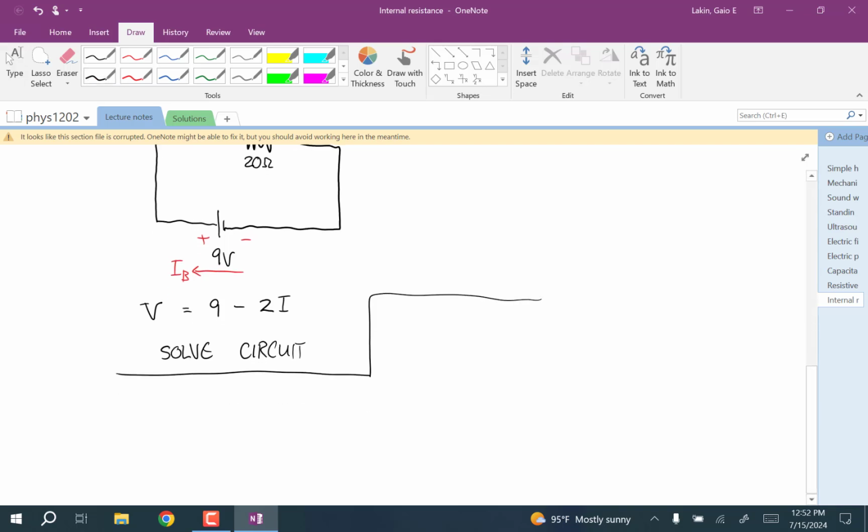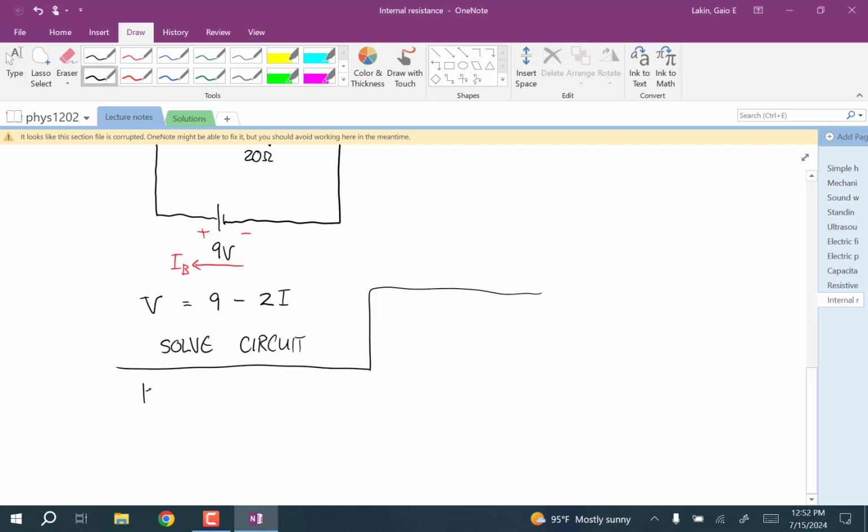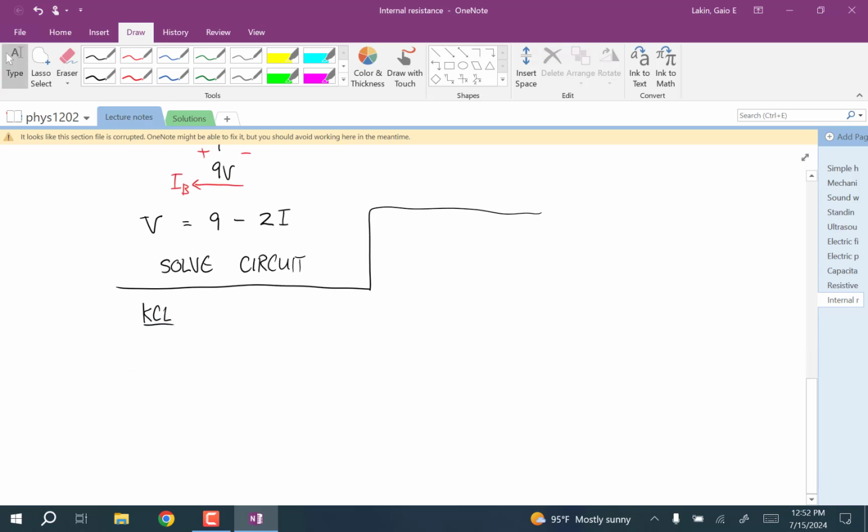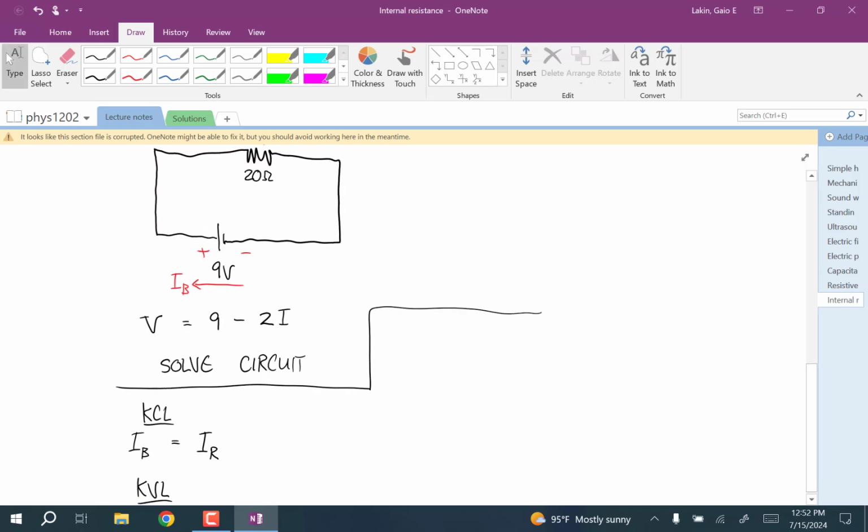And now we can use Kirchhoff's current law. And that says that IB is equal to IR. And then we'll use the voltage law. And that says that this is not going to be 9 volts.